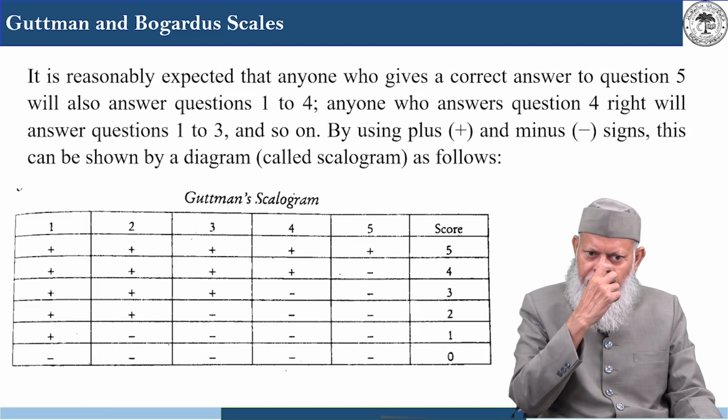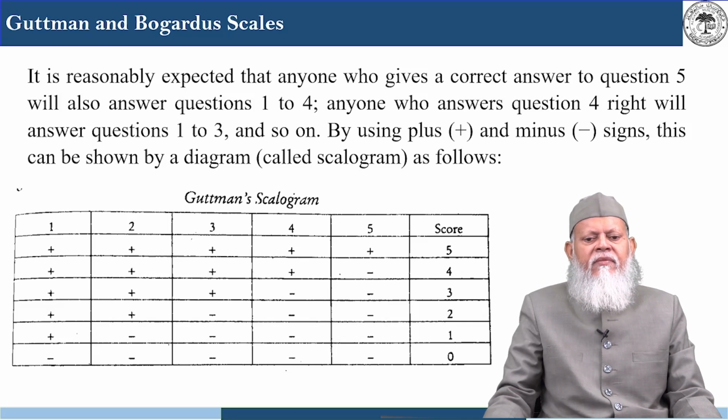The scaleogram devised by Guttman is before us regarding the arithmetic questions that we have devised, 5 questions. It is expected that anyone who gives a correct answer to question 5 would also give correct answers to questions 1 to 4.